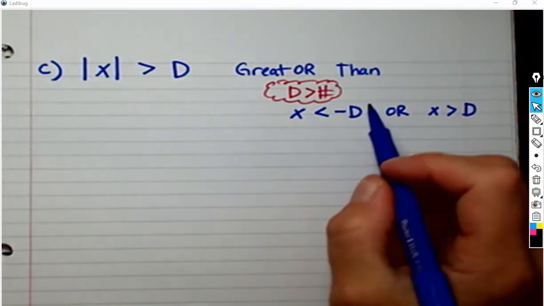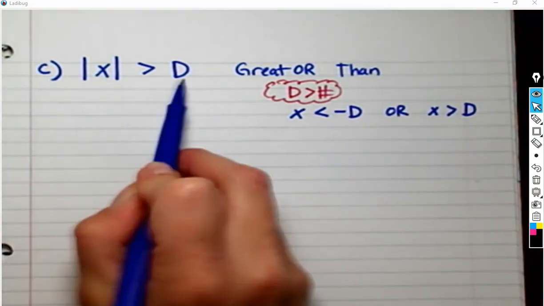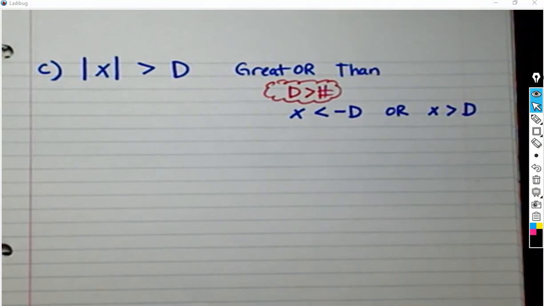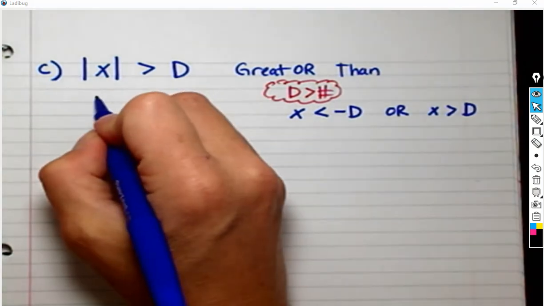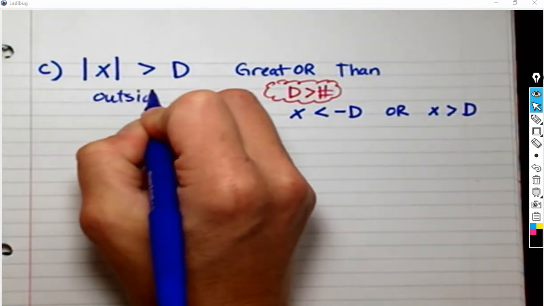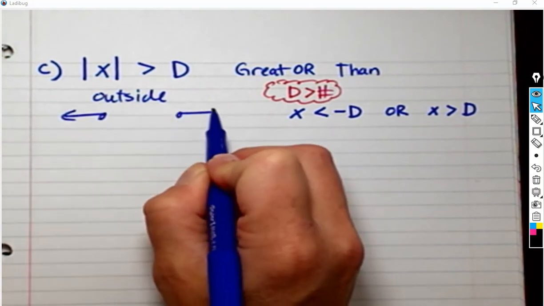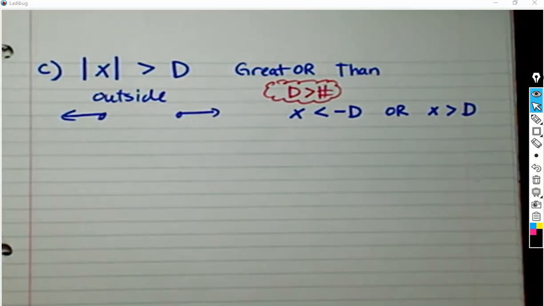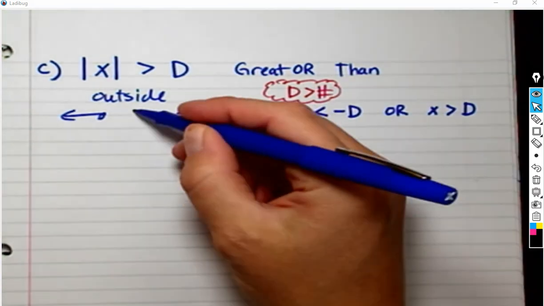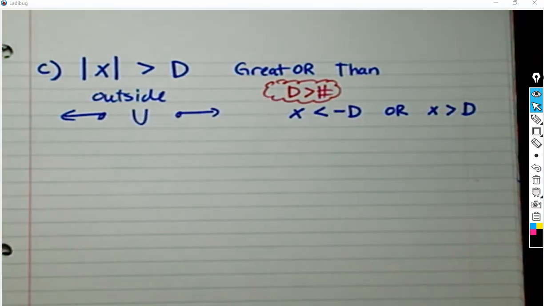Okay, why do we split it? When it's more than, you have to go to the outside. Your distances have to go to the outside. The only way to get distances that are more than something is to move them away from the center.